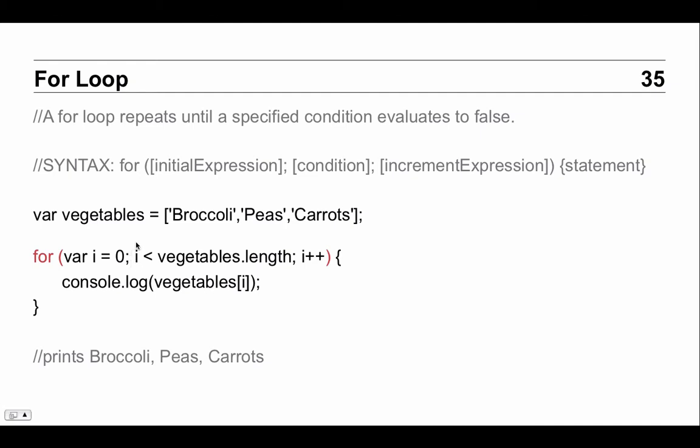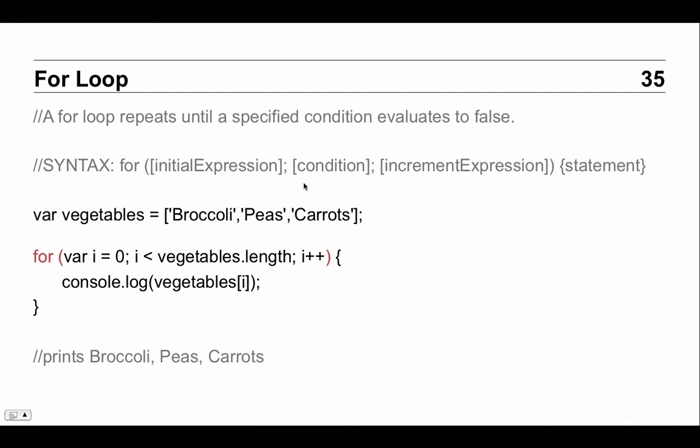Now i is equal to 3, so it'll say 3 is less than 3. That statement is false, because 3 is not less than 3, it's actually equal to 3. In other words, we counted 0, 1, and 2, up to three times that we've looped here, and we've printed the index positions 0, 1, and 2, writing the name of each element in the array into the console.